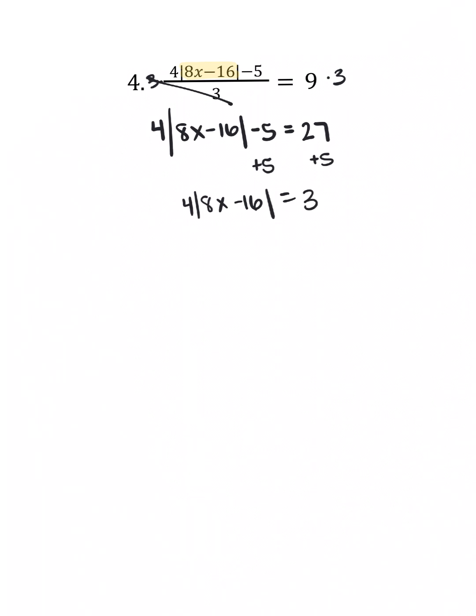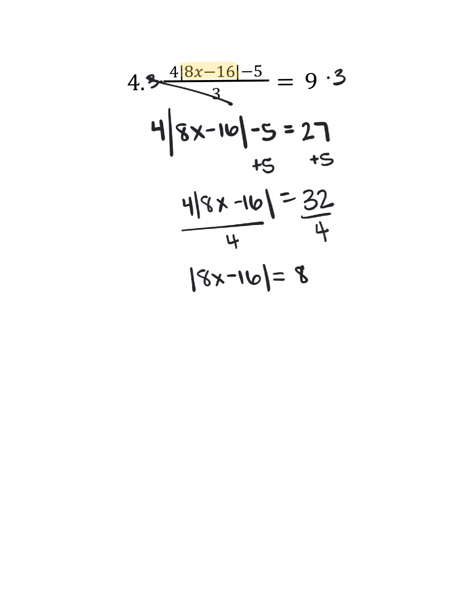So I'm going to look at 32. So now I'm going to get rid of that timesing by 4. So to get rid of timesing by 4, we're going to go ahead and divide everything by 4. Okay, so I'm going to have the absolute value of 8x minus 16 equals 8.